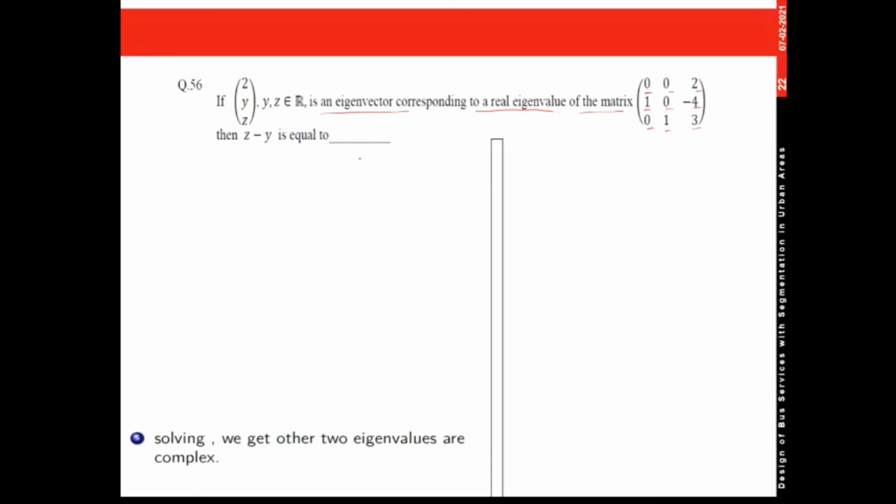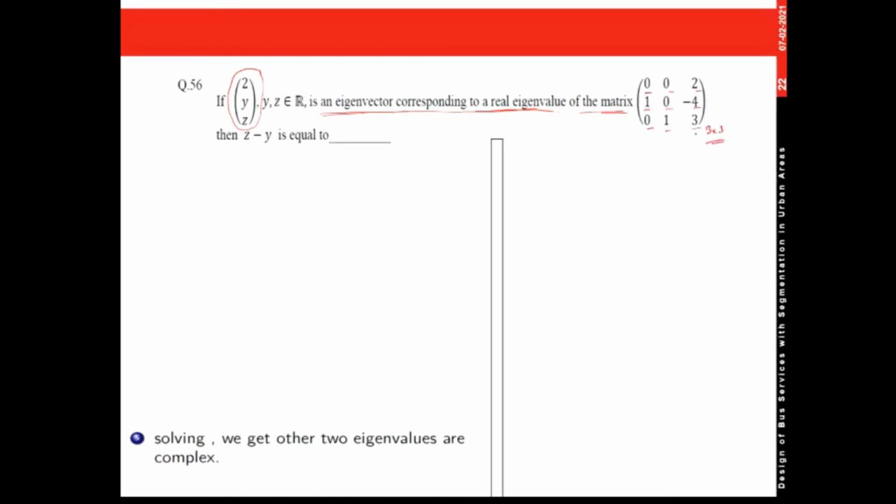That's why I chose this question again. Here, this is the eigenvector of a real eigenvalue of this matrix. So this is a 3 by 3 matrix, right?